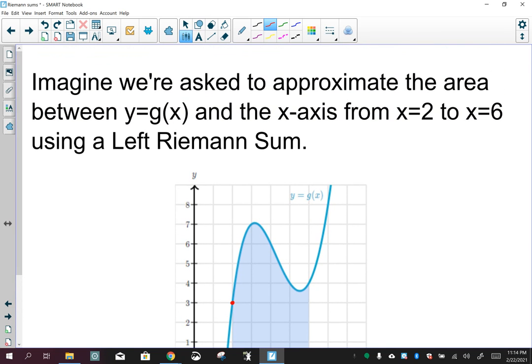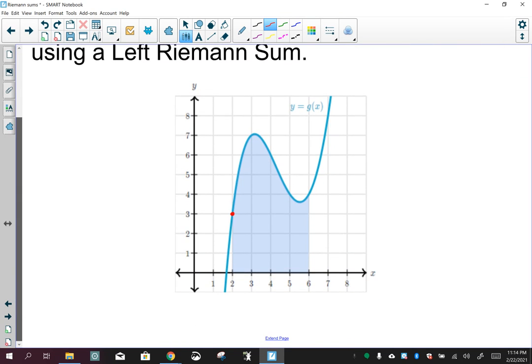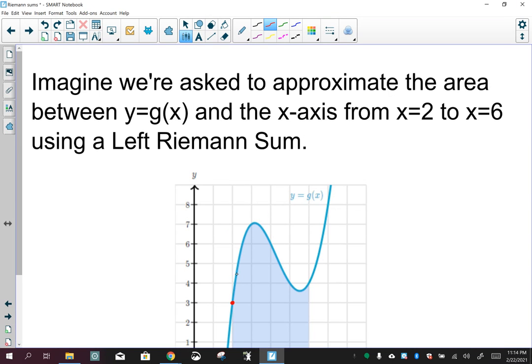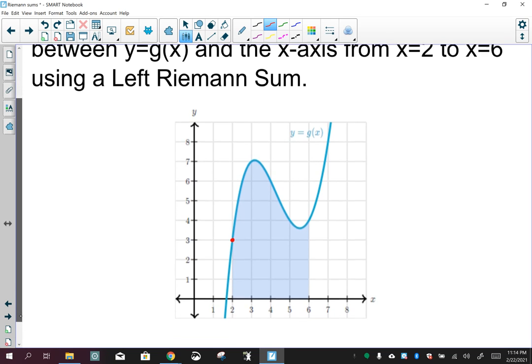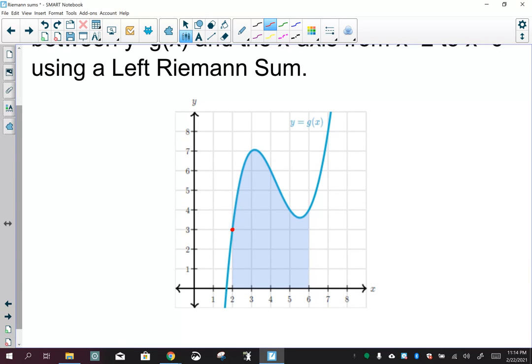So now we have to figure out how I'm actually going to do this. Well, since they didn't really give you anything, you kind of get to make your own decisions. And since we're looking at this, just go ahead and make everything a width of 1. So that means I'm going to come here and I'll go this way and then down. So there is my first rectangle.